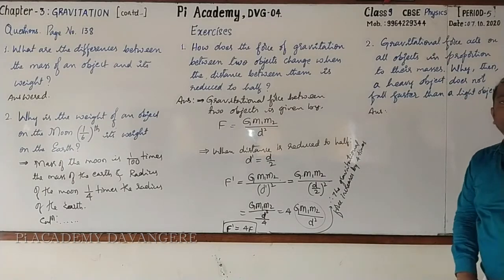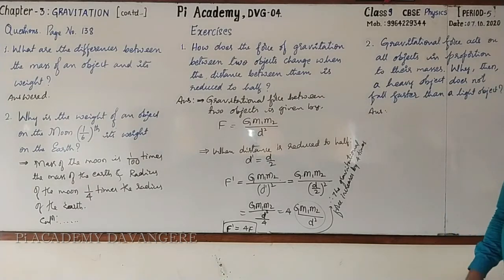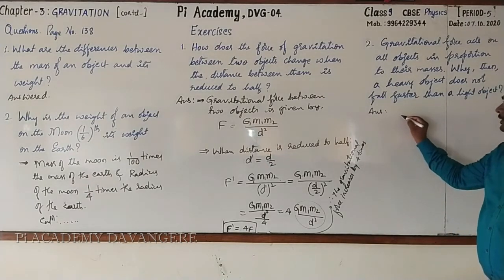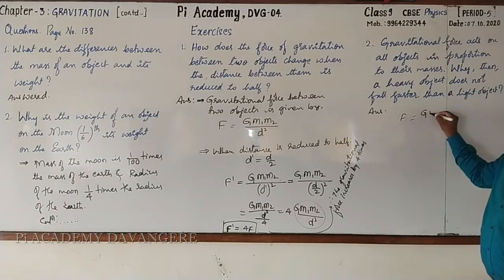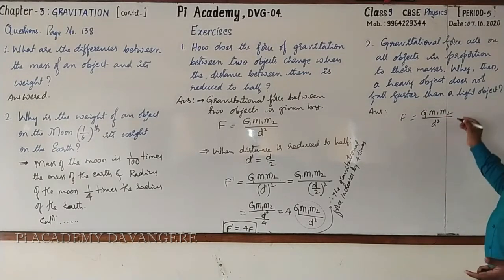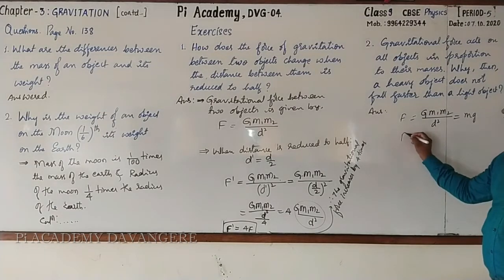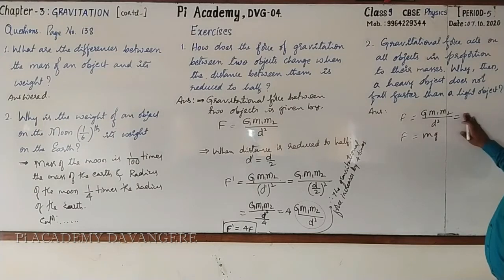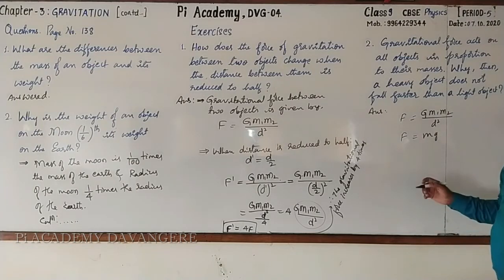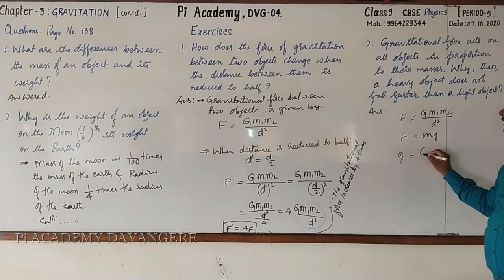Dear students, we all know that gravitational force can be expressed as G into m1 m2 by d square, right? This is also nothing but mass into acceleration due to gravity, F is equal to m into g, where g is G m by r square, or else you may write d square also.